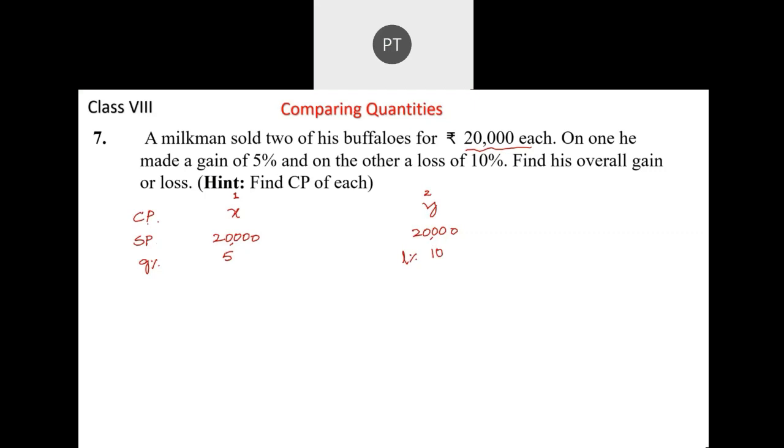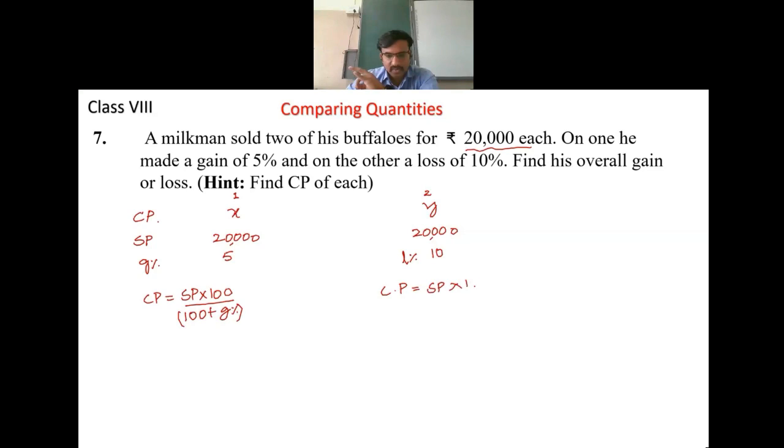To find CP, we have the formula SP times 100 divided by 100 plus gain percent, since there is a gain here. And for the second buffalo, the cost price is SP into 100 divided by 100 minus loss percent. This is the formula.